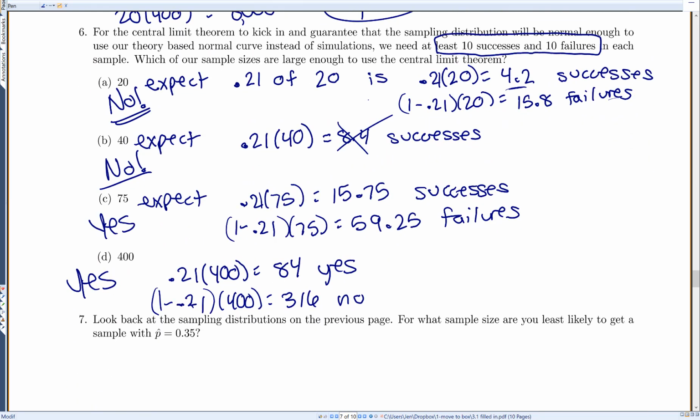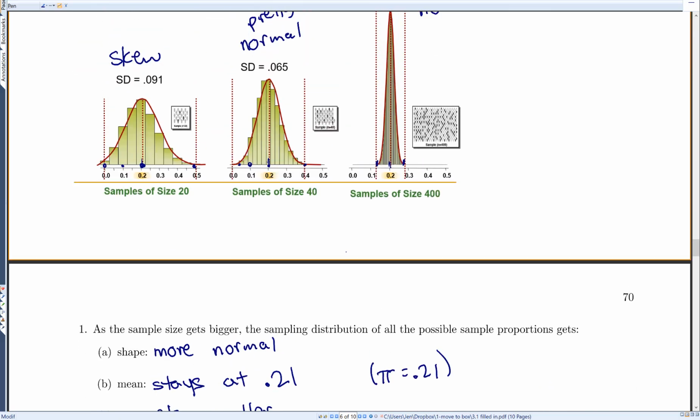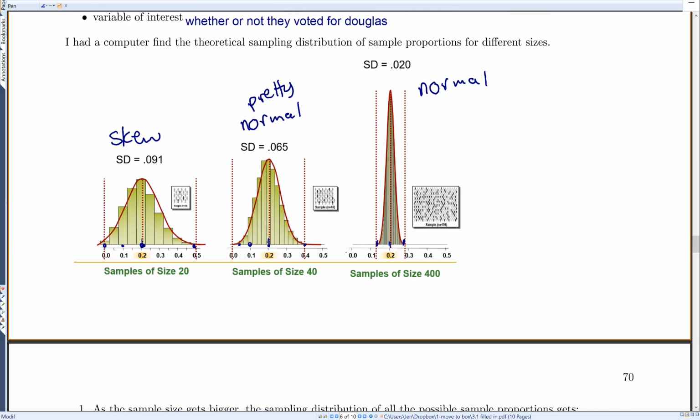Now, on a separate note, let's look back at the sampling distributions on our previous page. For what sample size are you least likely to get a sample with a p-hat of 0.35? Without doing any math, for a sample size of 20, 0.35 is right here. That seems fairly likely. For a sample size of 40, I'm a bit less likely, right?